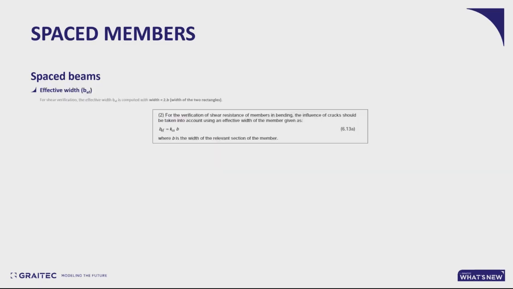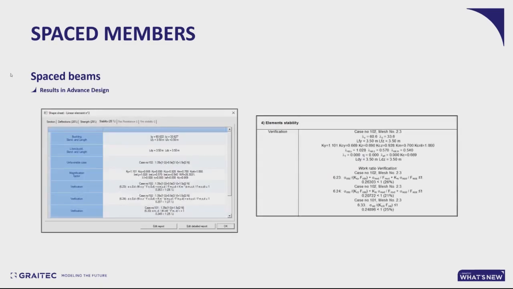But then for the effective widths used in shear verifications, we are considering the two shafts. The results will be similar to what you would have for a single rectangle, except the design parameters are adjusted accordingly to account for the various shafts and the spacing between them.